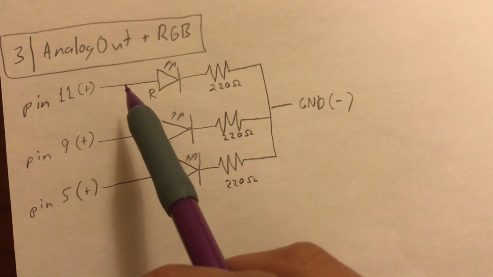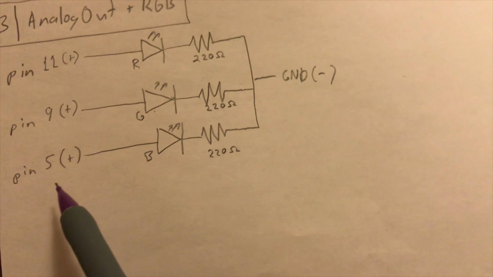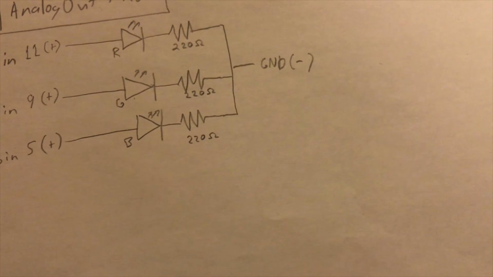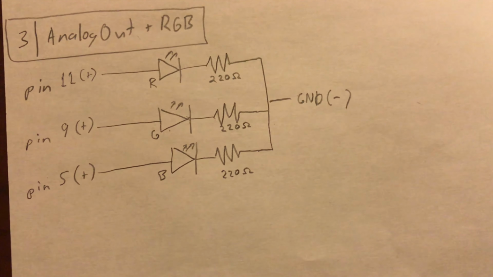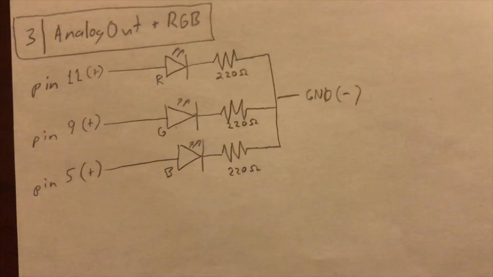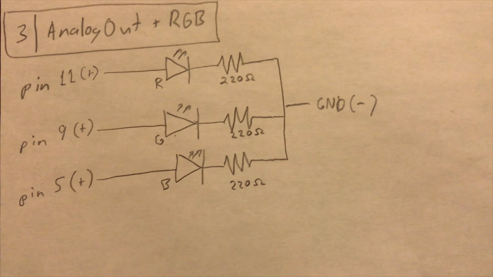So we have 11 running through R, 9 running through green, 5 running through blue, and then there's a resistor, because I definitely do not want to be paying for another RGB LED. And then we have all that flowing towards the ground, and that completes the circuit. And our hope is that the RGB LED will be functional.